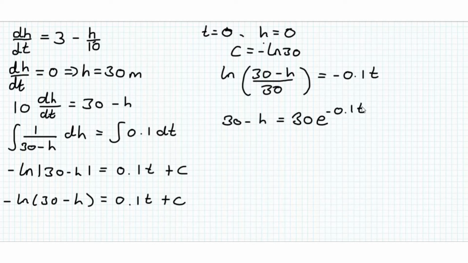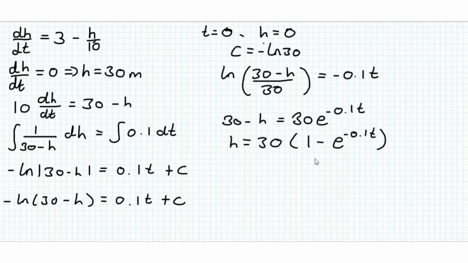Alright. And now solving for h, we're going to add h to both sides, minus this from both sides, and then factorise out the 30. So that gives us h is equal to 30(1 minus e to the minus 0.1 t). Okay, so now we have h in terms of time.